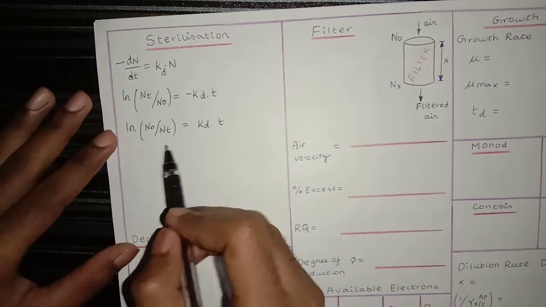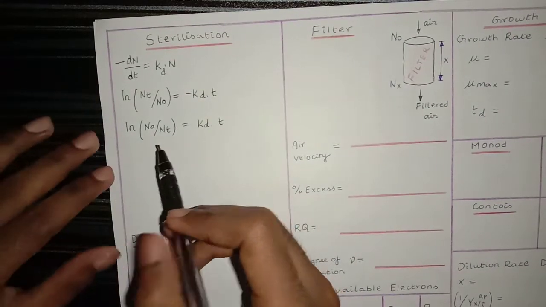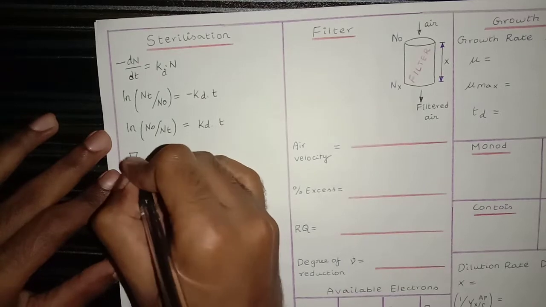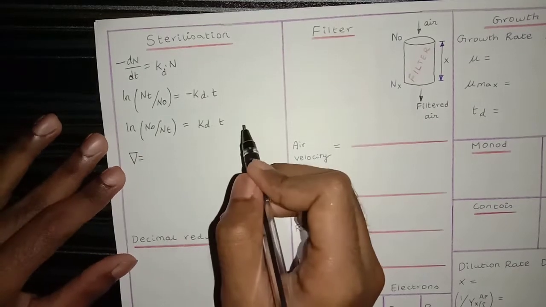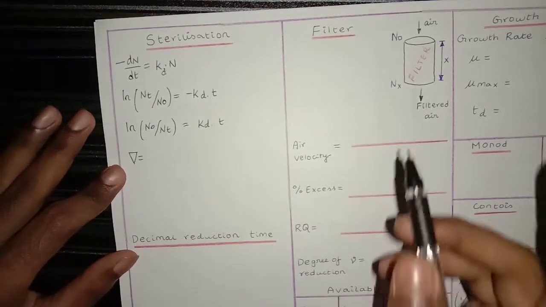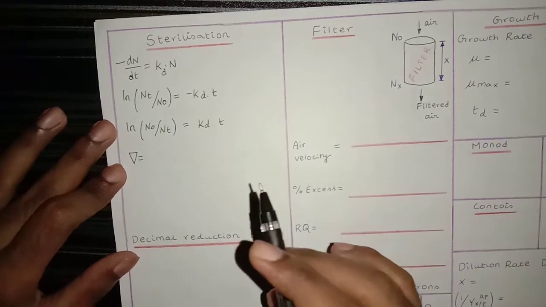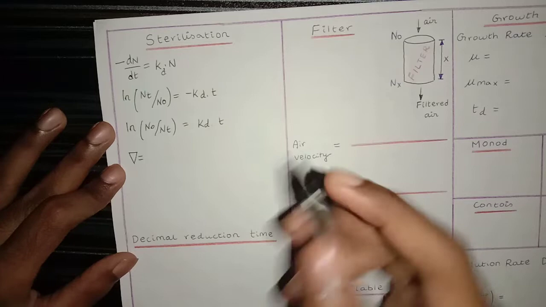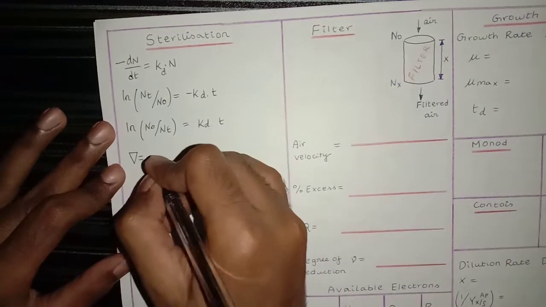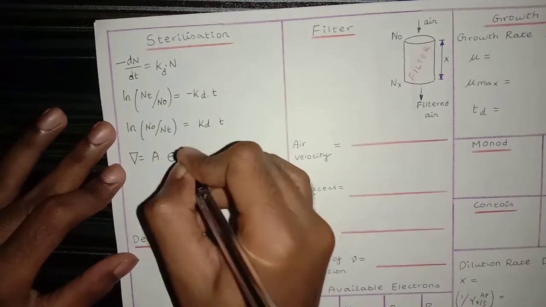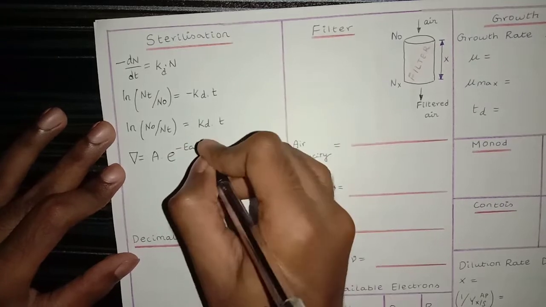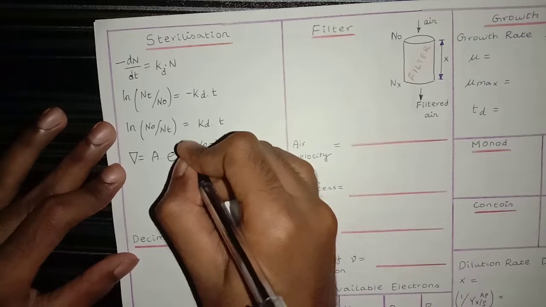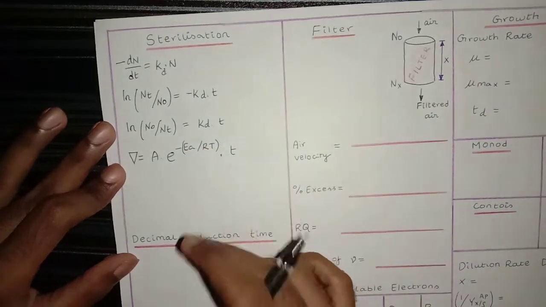The value on the left hand side is the del criteria. Therefore del is equal to kd times t, where kd is the rate constant for cell death, which is related to the activation energy and the temperature by the Arrhenius equation, A into e power minus Ea over RT, times the time of sterilization.